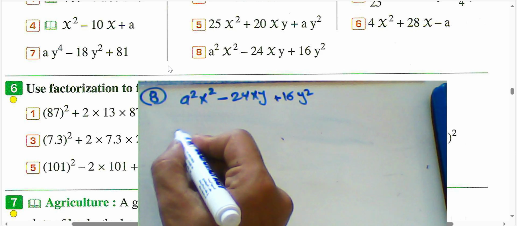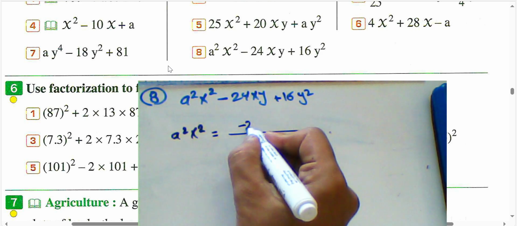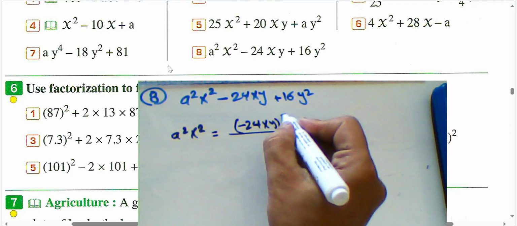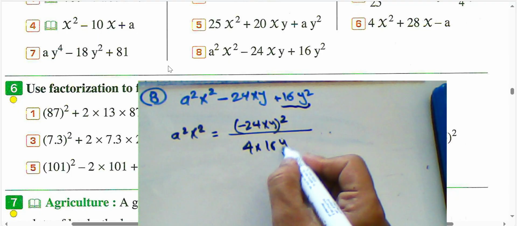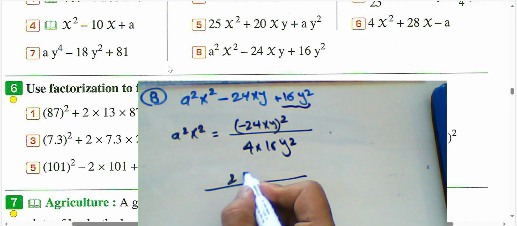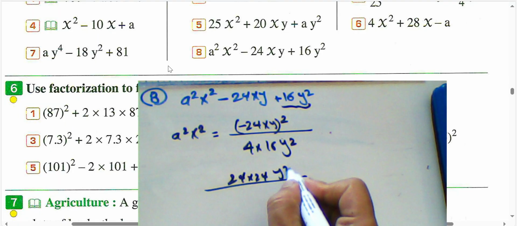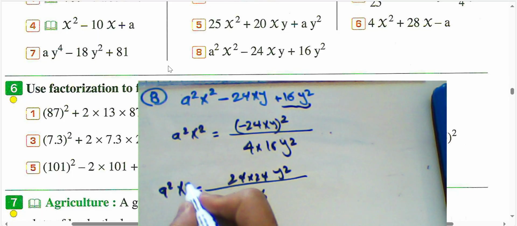Then we have a power 2 x power 2 equal to the middle, negative 24xy all power 2, over 4 product by the third. 24 power 2, meaning 24 times 24 y power 2, over 4 times 16. It will be a power 2 x power 2.